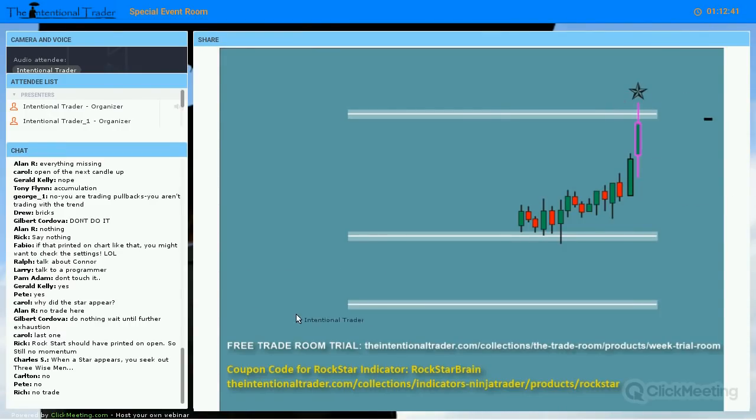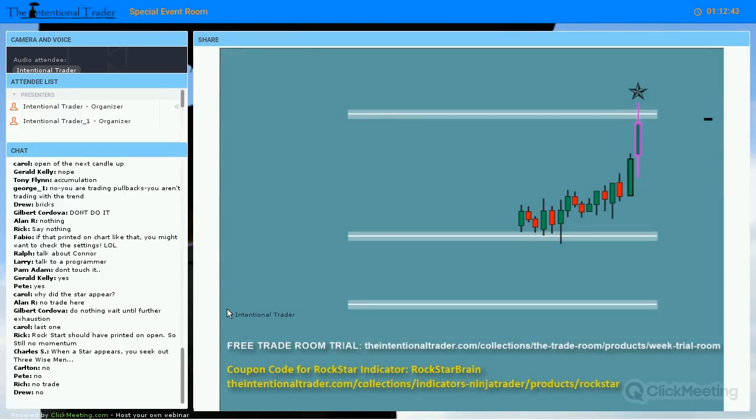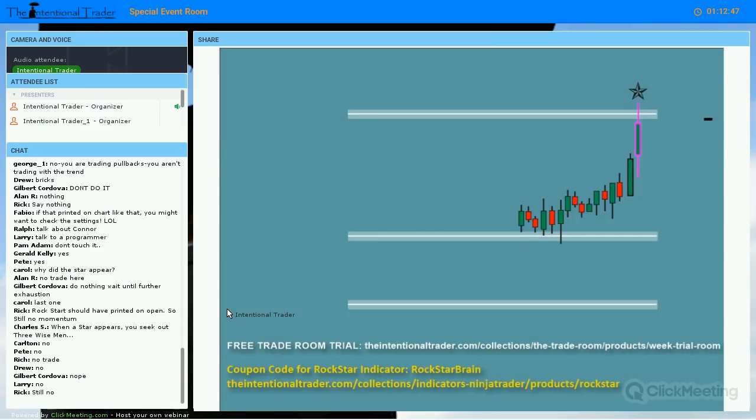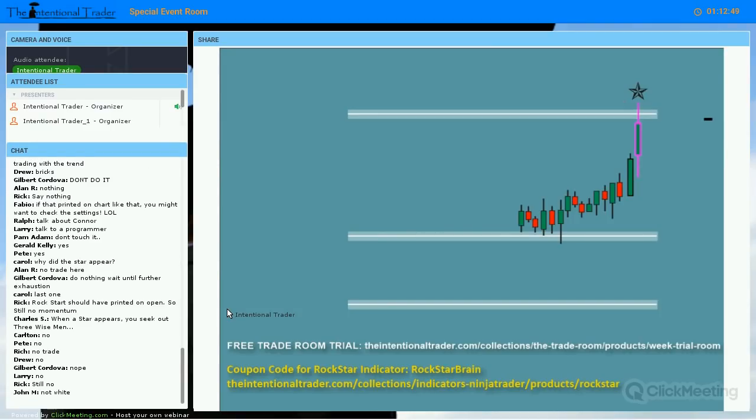How about that one? It's the same as the last one, isn't it? It's exactly the same. This bar would probably not be overbought when it opened, and it opened down here.